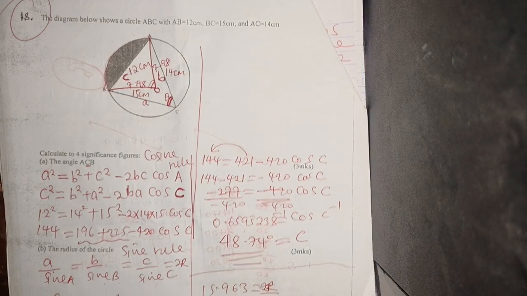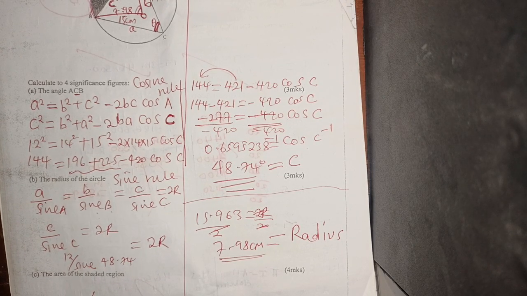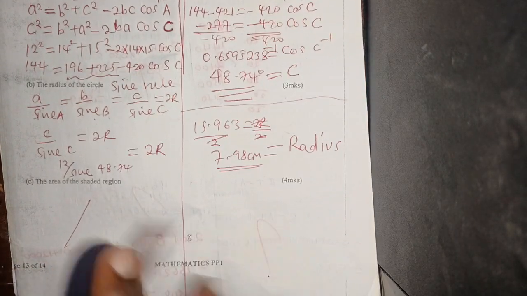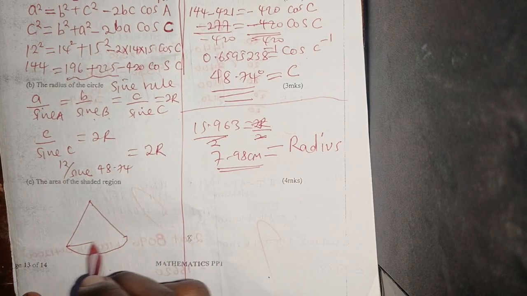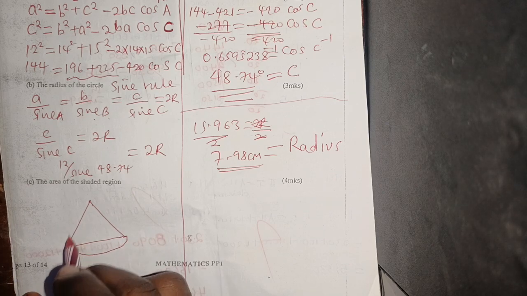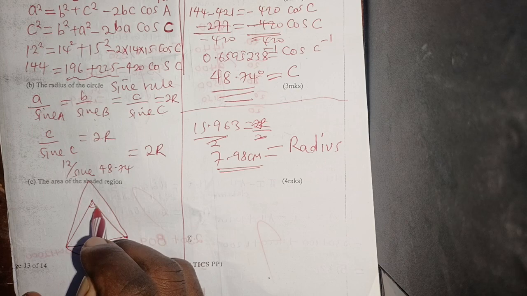So I can redraw this diagram here, then I can show what you're supposed to do. So this can get redrawn just like that. Then you can have this. That is the center. So we want to know the angle at this point.